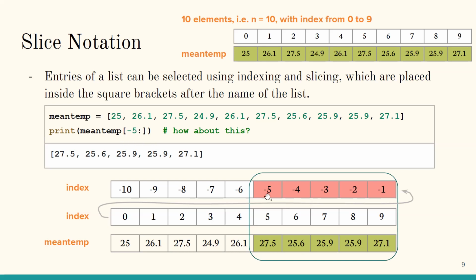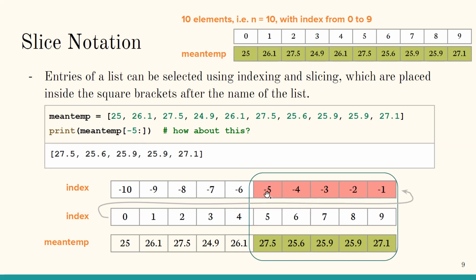The answer would be here, -5, 27.5, all the way to the end, which is 27.1. So -5 to nothing would be these 5 numbers.